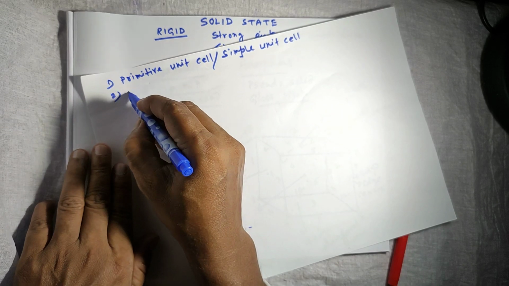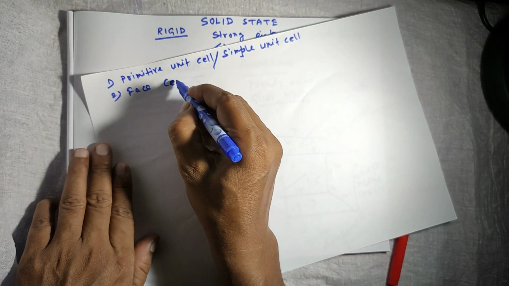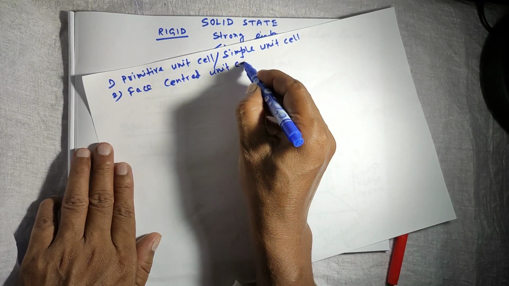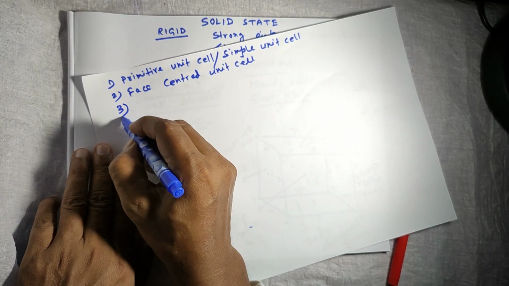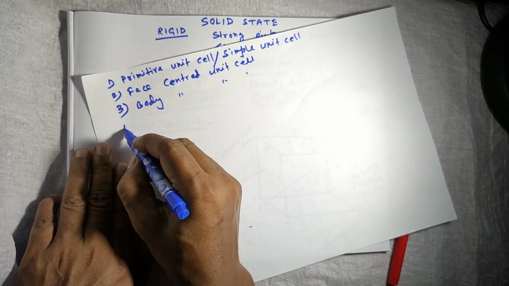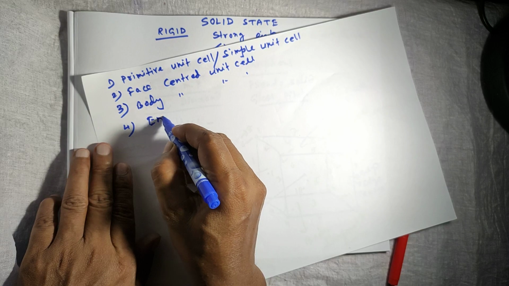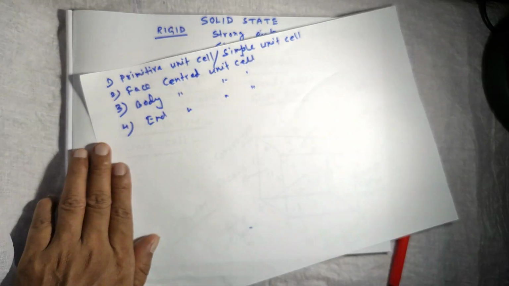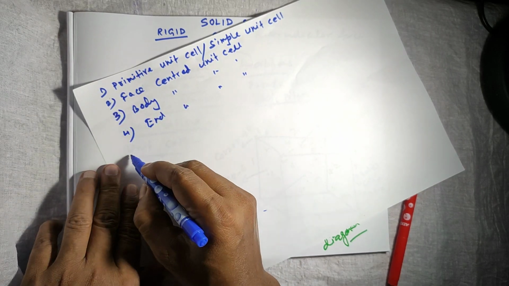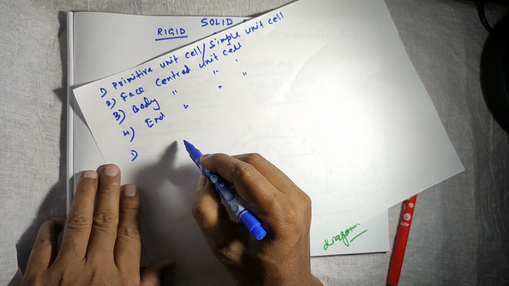Number 2, face centered unit cell. Number 3, body centered unit cell. Number 4, end centered unit cell. Now I am going to explain the unit cells. Number 1, the simple unit cell.